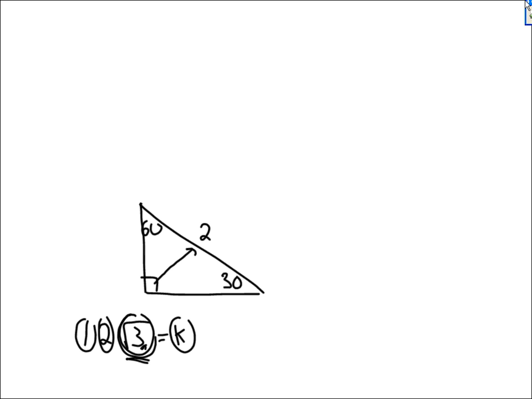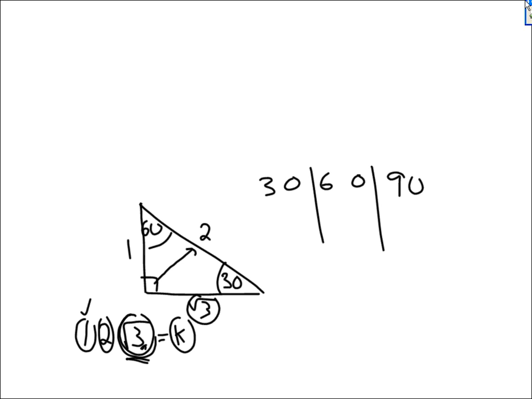So 1 is the smallest, and angle 30 is the smallest, and the middle size is the 60 and the square root of 3. That is, you have 30, 60, 90. I'm putting them in increasing order, and 1, square root of 3, 2. 1 is the smallest, square root of 3 is the next, and 2 is the largest.